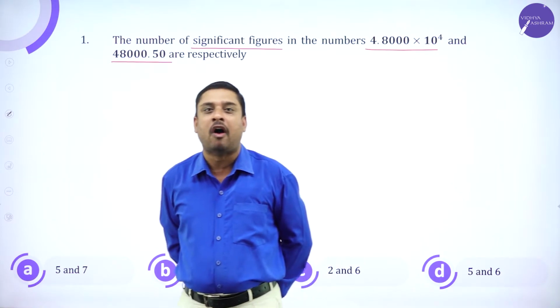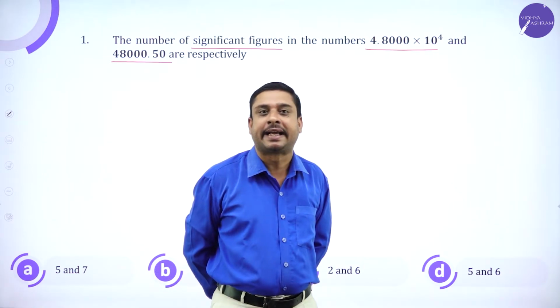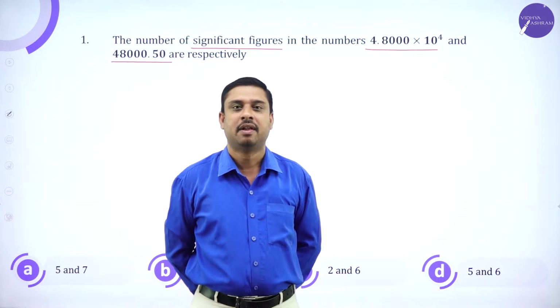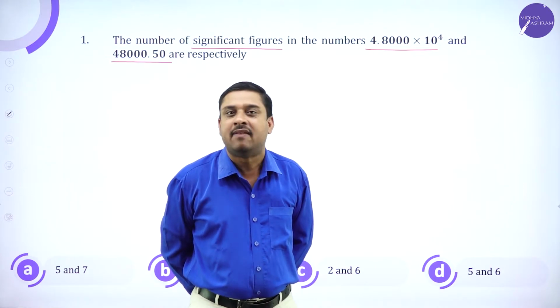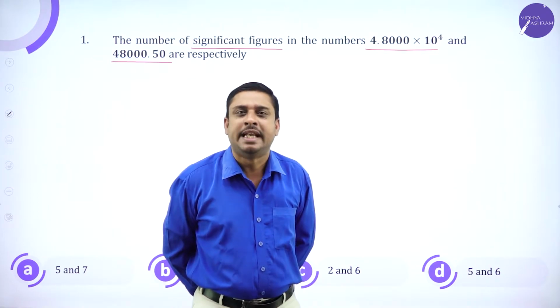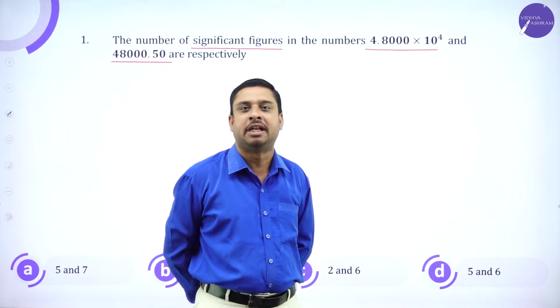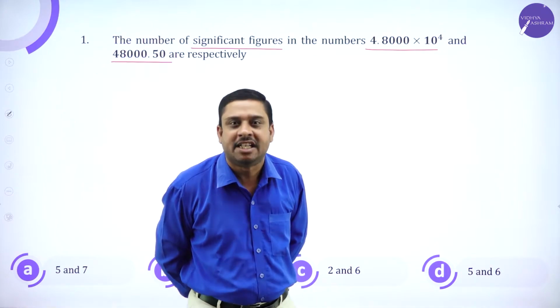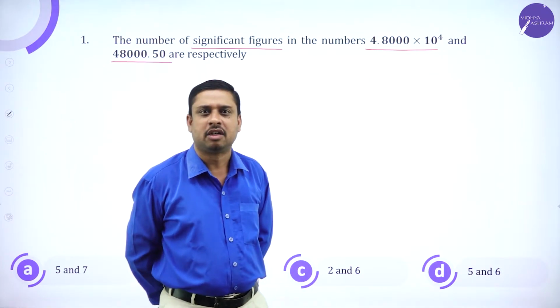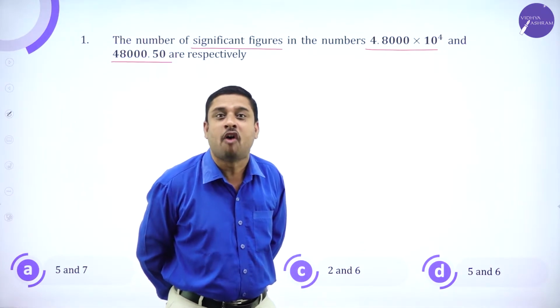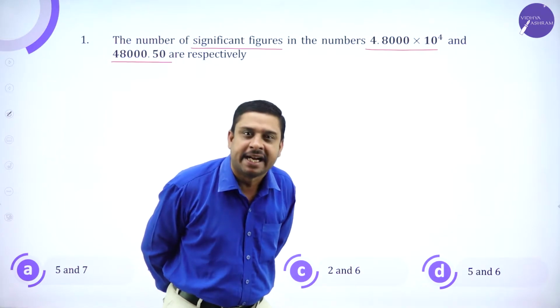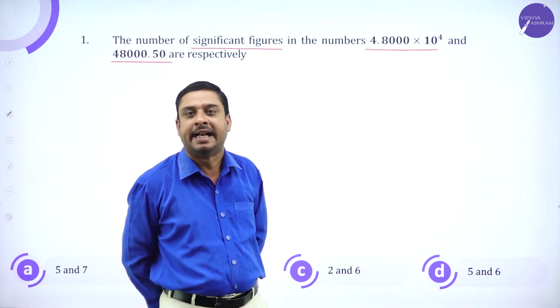They are called significant digits. So in your 11th standard, we have a very unique description on significant digits. You are taught a set of laws to identify significant digits.